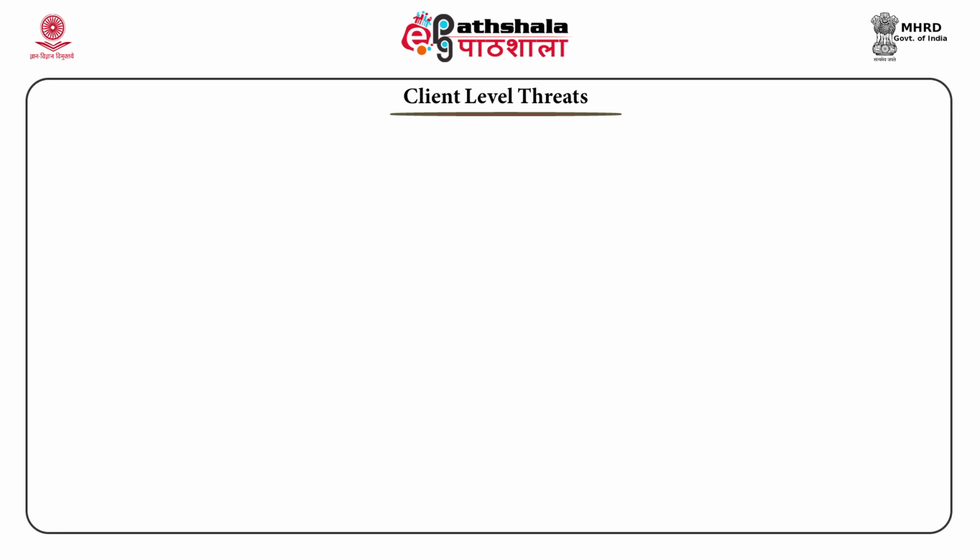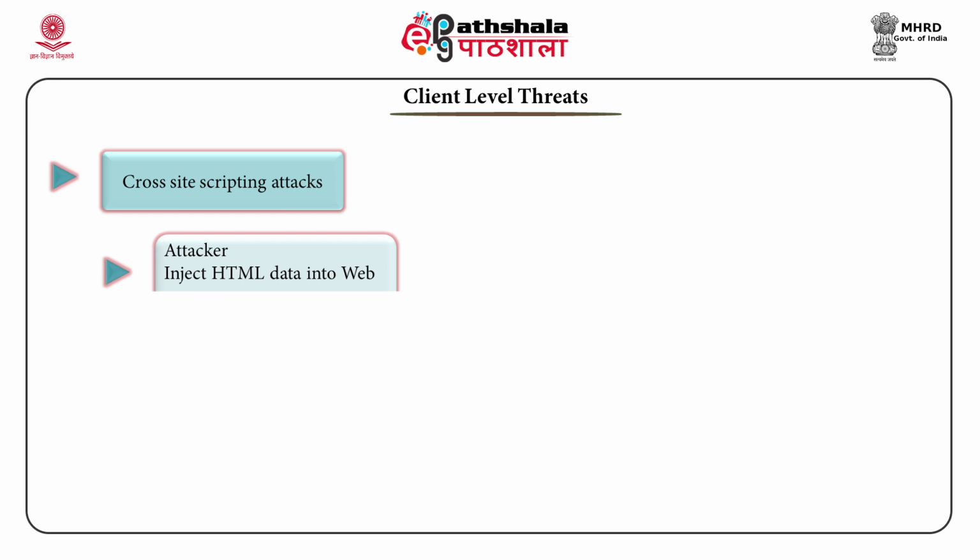Next we are talking about client level threats. There are two types of threats: cross-site scripting and unpatched web client. In a cross-site scripting attack, the attacker is trying to inject HTML data into web content.